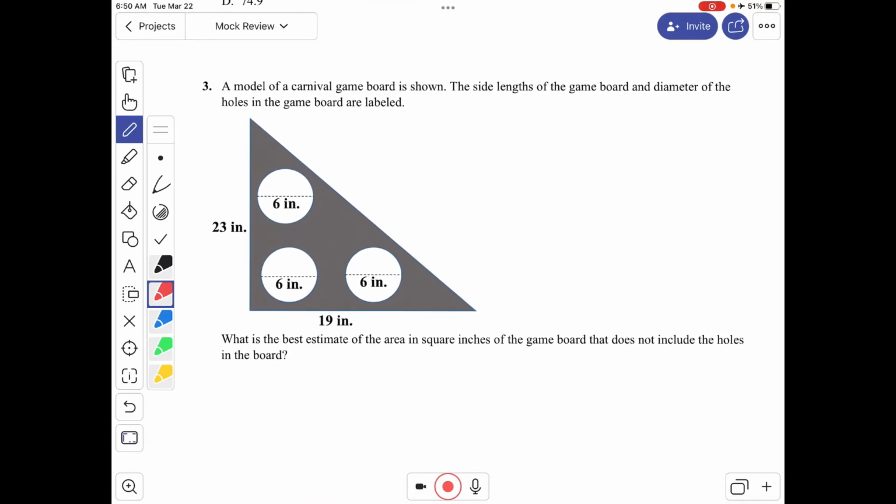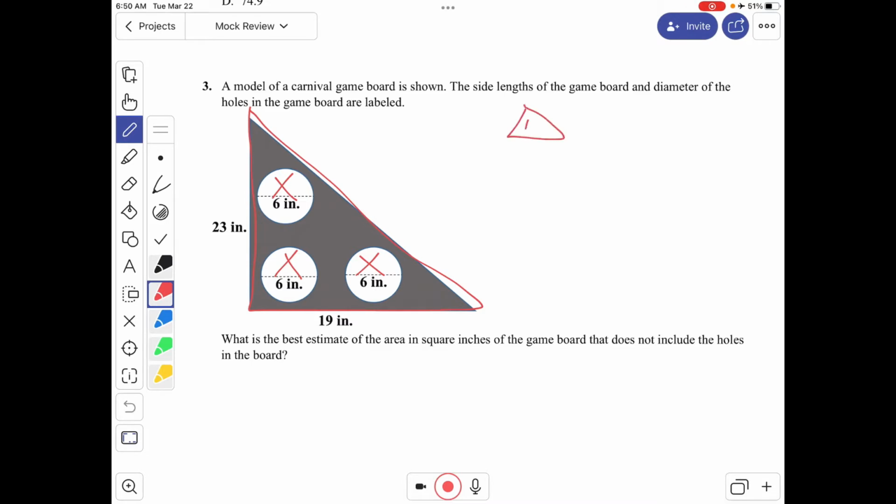Number 3, a model of a carnival game board is shown. The side lengths of the game board and diameter of the holes in the game board are labeled. What is the best estimate of the area in square inches of the game board that does not include the holes in the board? So we want to find the area of this triangle without those circles.